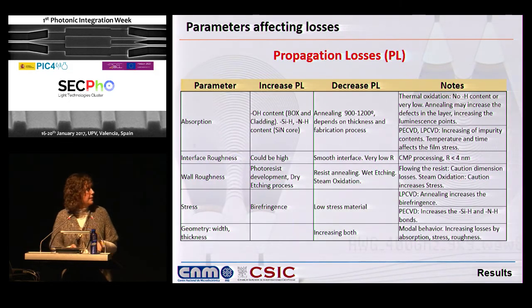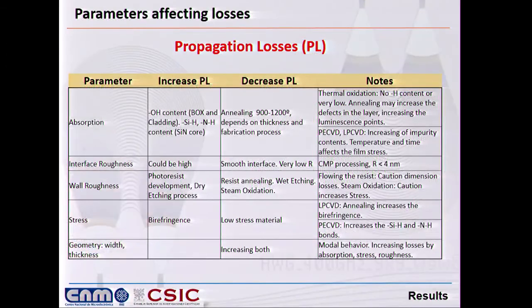Regarding the propagation losses, we have four main parameters. We take care of the absorption, the roughness, both interface roughness and wall roughness. We also take care of the stress, and of course, again, the geometry.